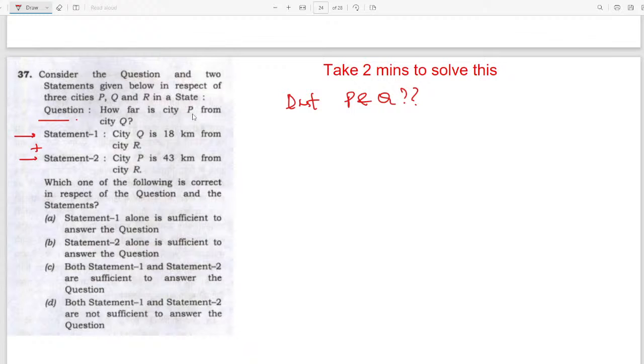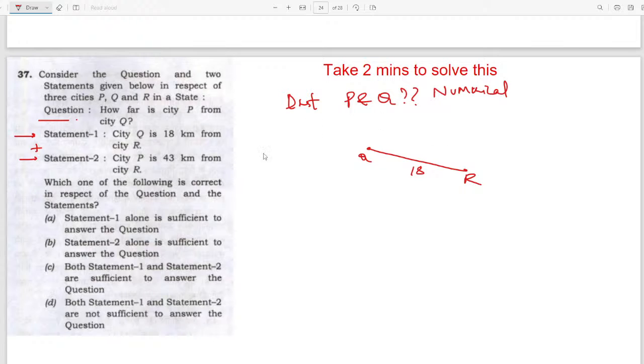So how far is the city P from Q? We need a numerical answer here. We'll see the first statement. Statement 1 says city Q is 18 kilometers from city R. They have not given any direction, so you can draw it in any direction. Q and R is 18 kilometers.